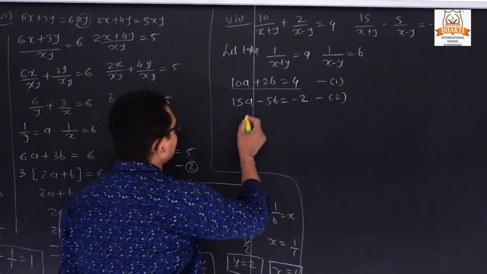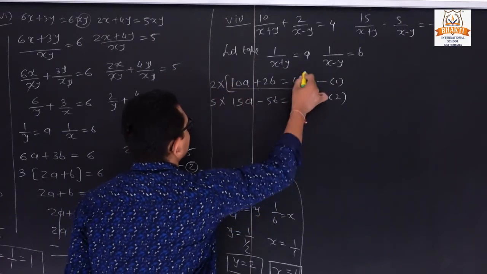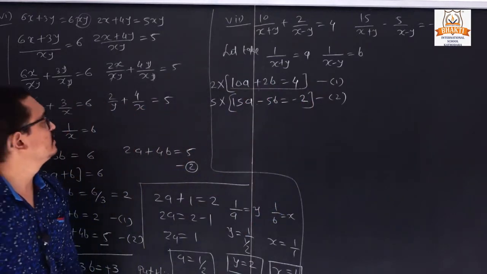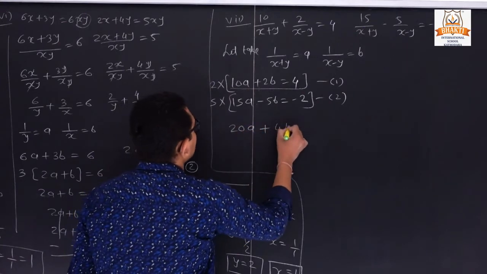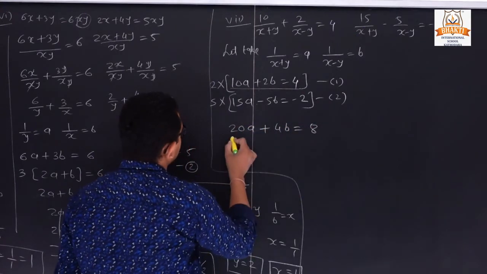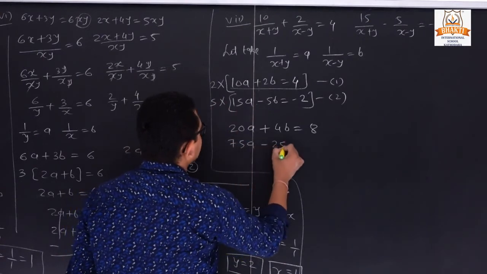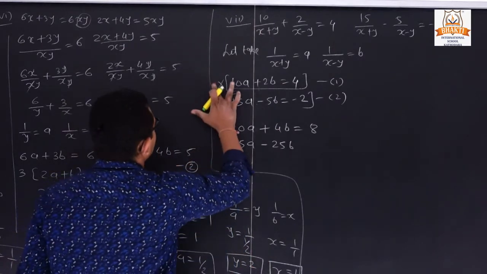So we can simplify. Here I am multiplying the first equation with 5 and the second with 2, because we want to drop b. So here we are using the elimination method. Okay, here we made a mistake.